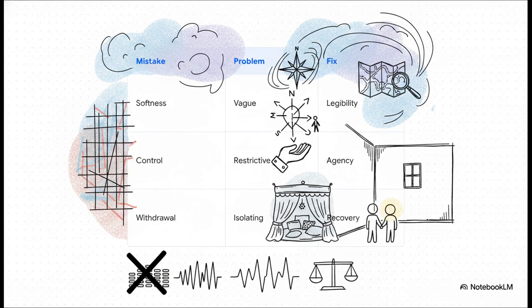The fix there? Add agency and choice. Third, too much withdrawal. A stripped-down, completely blank room might be quiet, but it can feel emotionally cold or isolating. The fix? Add safe recovery options that balance shelter with optional human connection. Remember, low sensory intensity does not automatically equal emotional regulation.